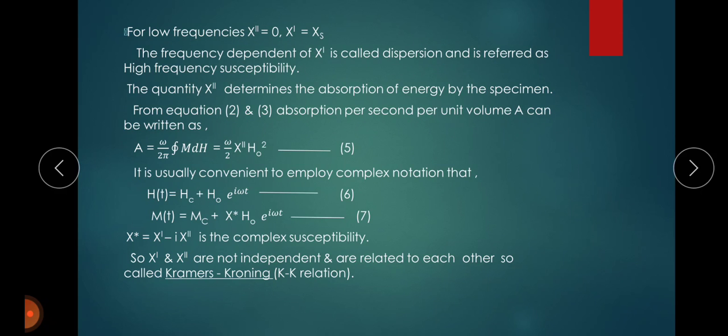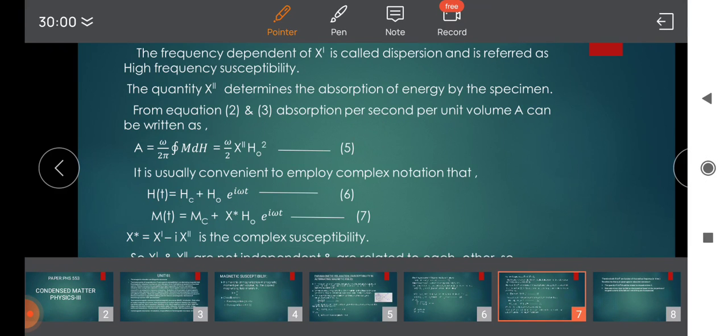So here A can be written as A is equal to ω divided by 2π into the closed integral of m dH, that is equal to ω divided by 2 into χ'' h0 squared. This is taken as equation 5.